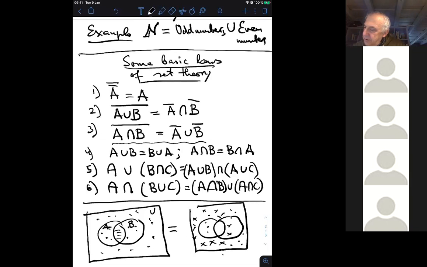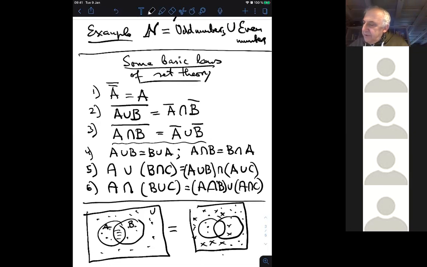So everything which I draw with small crosses, together with those things which are with small dots, the union is the same as the complement to the intersection of A and B.